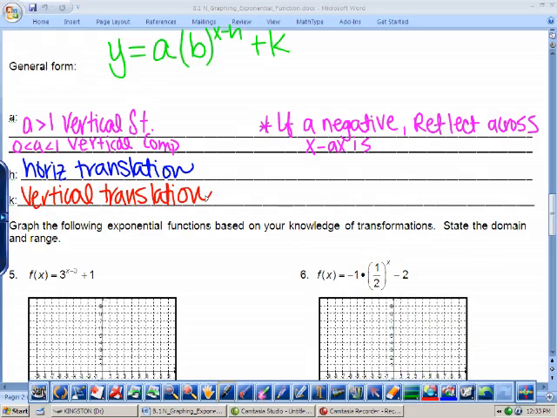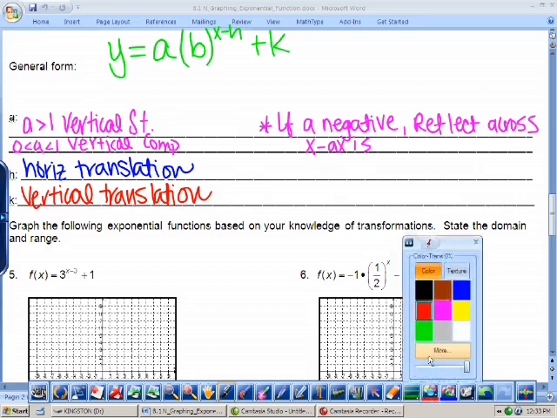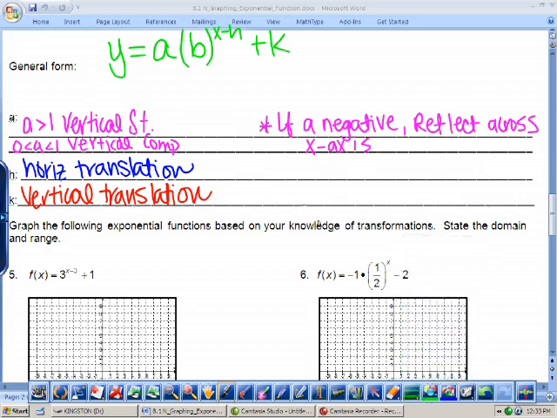Okay, these are the ones that we're really concerned with. These are the ones we're going to do the majority of the time. But I do want to remind you about that pesky little horizontal stretch and compression. Okay, we don't do it that often, but you do need to remember it.